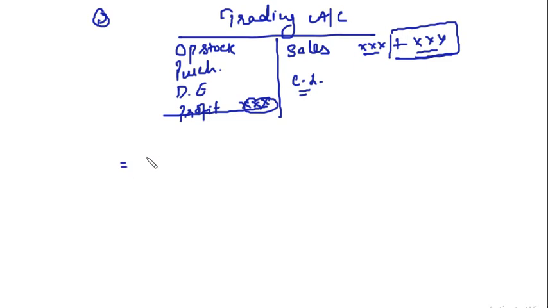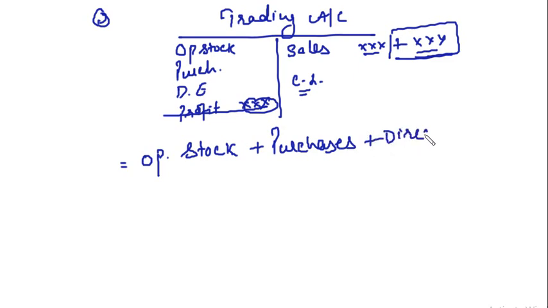So the other formula for it is opening stock plus purchases plus direct expenses if any given, minus closing stock. So what will you get?